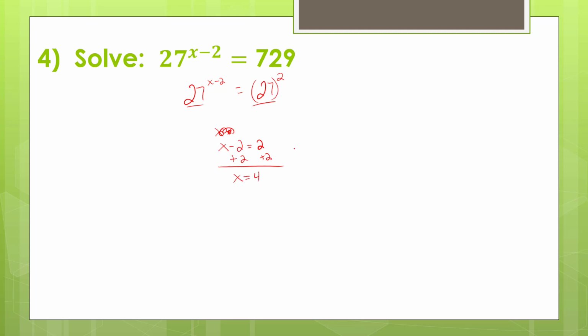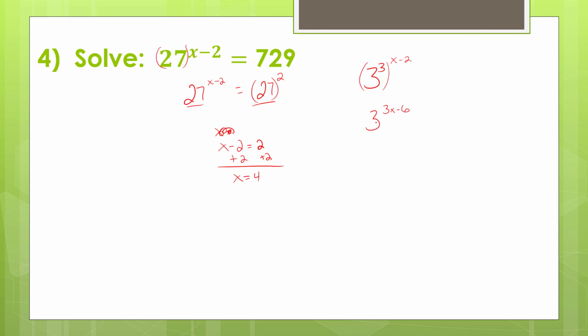But let's suppose that we didn't know that 27 squared was 729, and we needed to simplify this just a bit to make it easier. Well, I would probably recognize that 27 is 3 cubed. And that's one that we memorize, and most of us just know intuitively very quickly because it is a small cube and it's easier to remember. So 27 is 3 cubed raised to the x minus 2, which would simplify to 3 raised to the 3x minus 6.